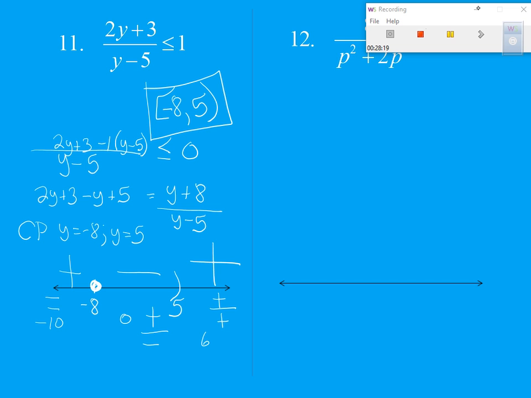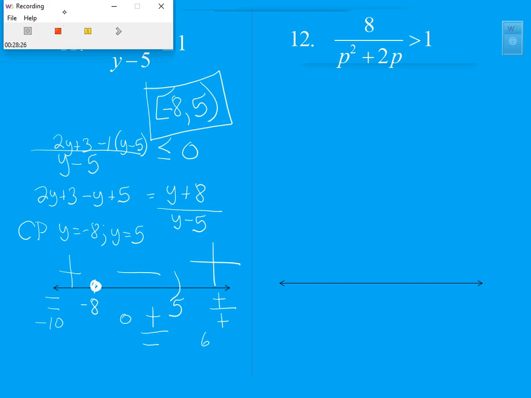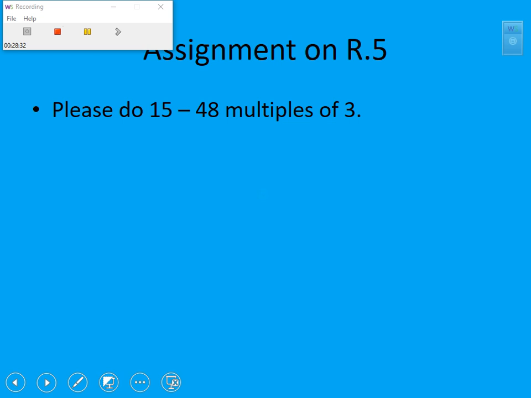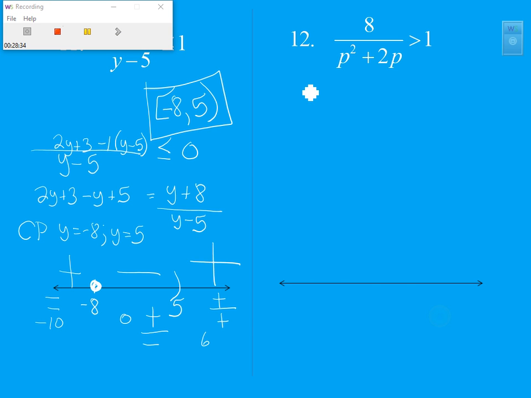Okay. I'll hit number 12 with you. It's got a little bit more work in there. So once again, it's a fraction, so let's rewrite this as 8 over p squared plus 2p minus 1 is greater than 0. Let's go get our common denominator.